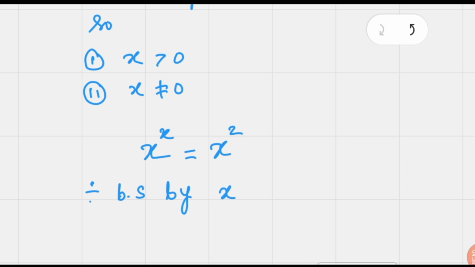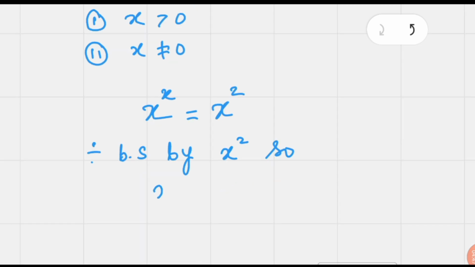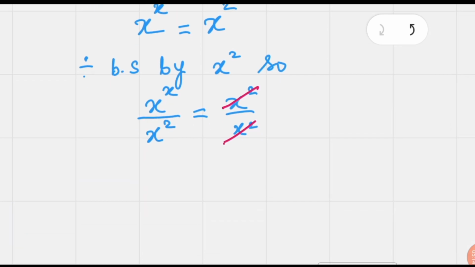For this, dividing both sides of the equation by x squared, we have x to the exponent x divided by x squared, and the right side is x squared divided by x squared. x squared gets cancelled with itself on the right side, and this will be equal to 1.